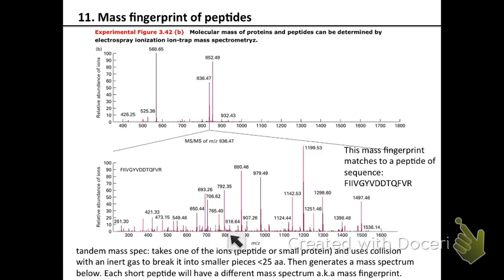Once you make that mass fingerprint, you can go back to the database and ask which amino acid sequence is giving me this mass signature, and then you have the sequence of that short peptide.